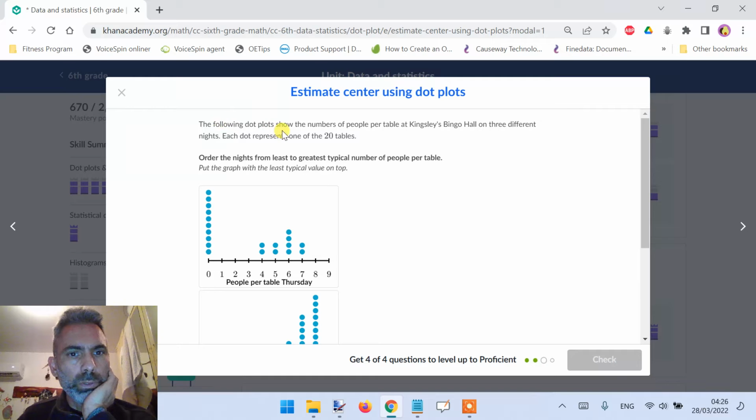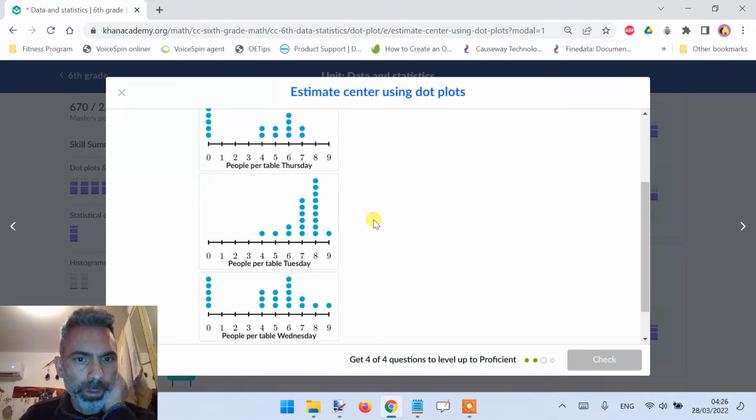The following dot plots show the number of people per table at Kingley's Bingo Hall on 3 different nights. Each dot represents one of the 20 tables. Order the nights from least to greatest typical number of people per table. Put the graph with the least typical value on top.